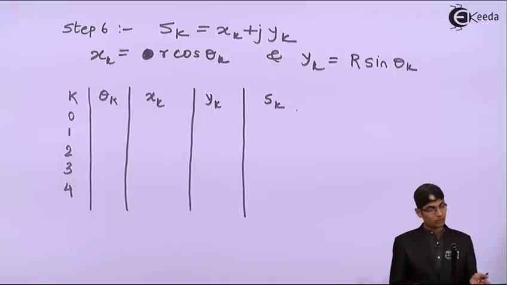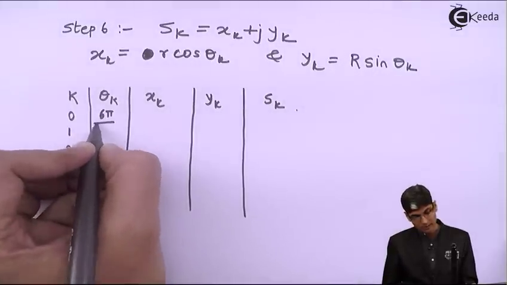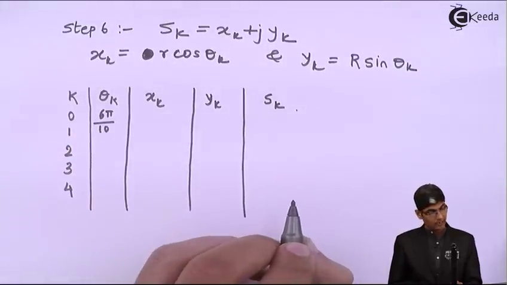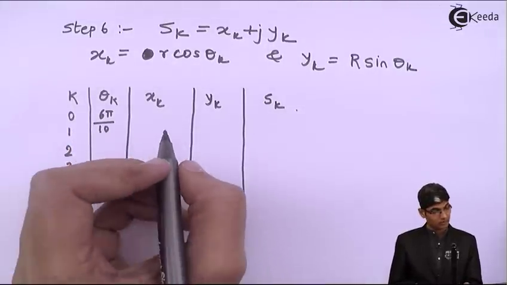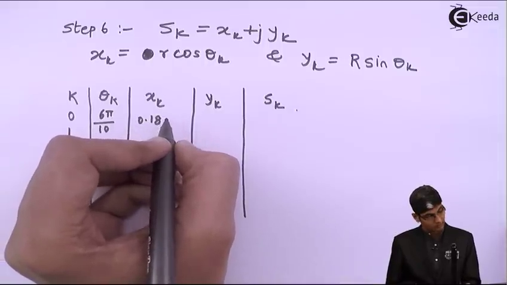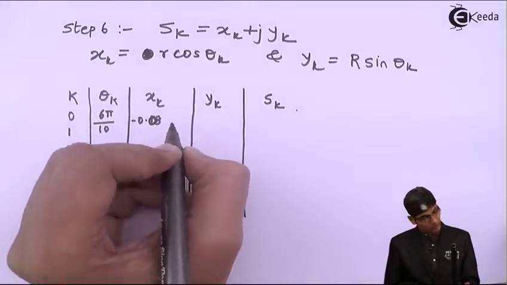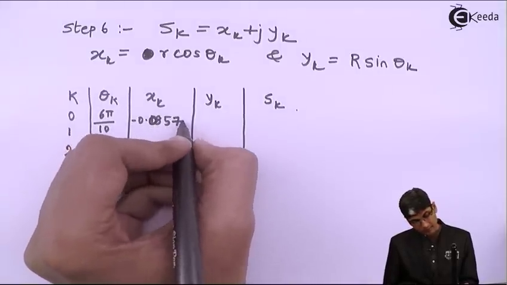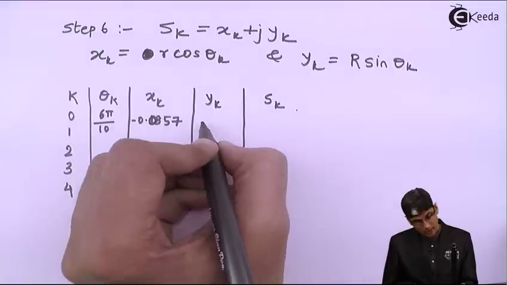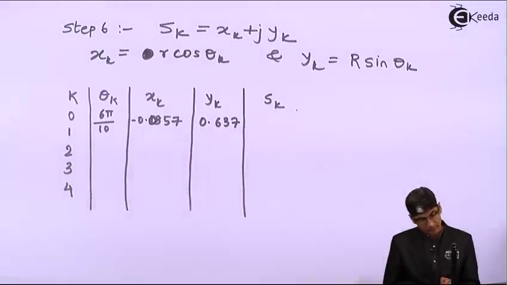So when k is equal to 0, my theta k is 6 pi by 10, and x k value is minus 0.057, okay, and y k is 0.637.